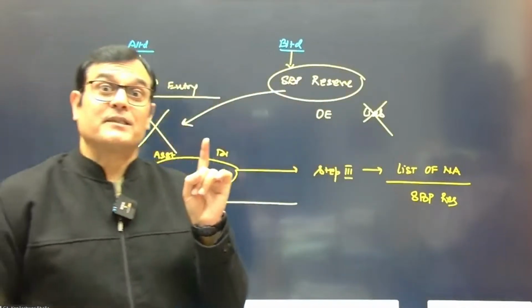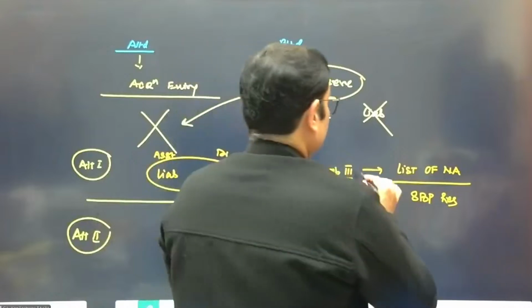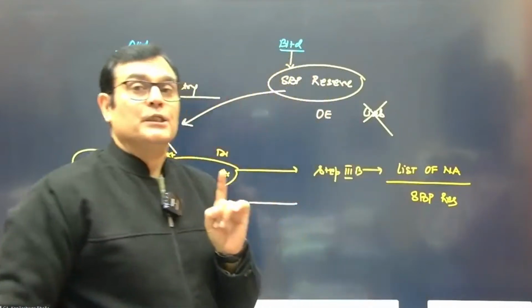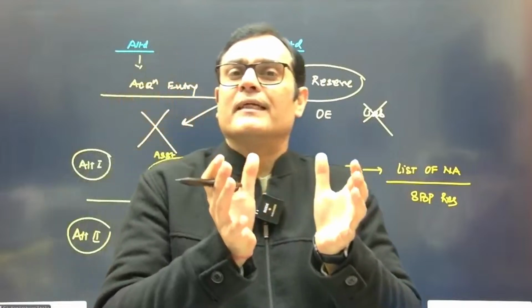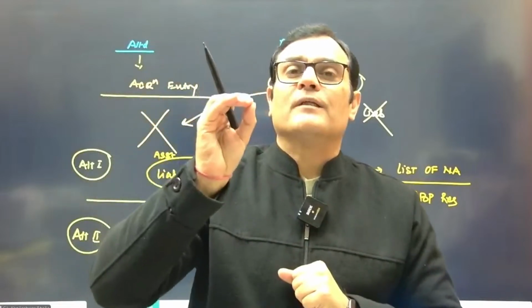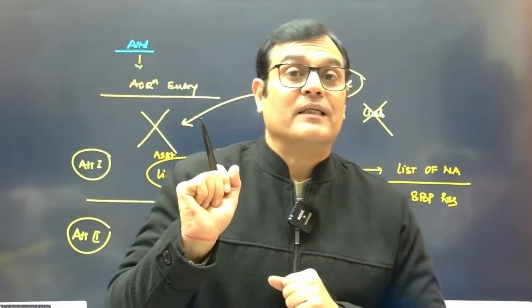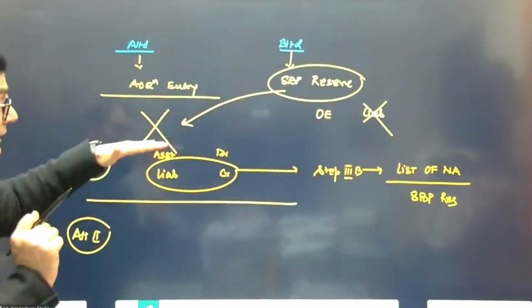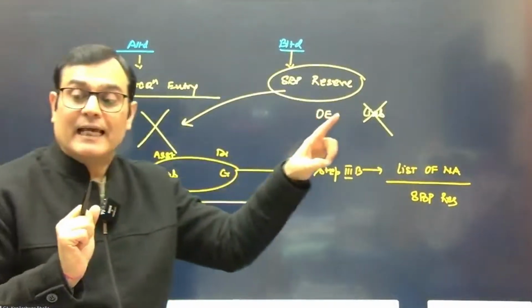That's what I said in step number 3. If you remember, in step 3B, to be precise, we said we'll discuss this later. So when you make the list of the net assets, you create an SBP reserve as a part of that list, so that automatically it gets incorporated in this entry as a liability.